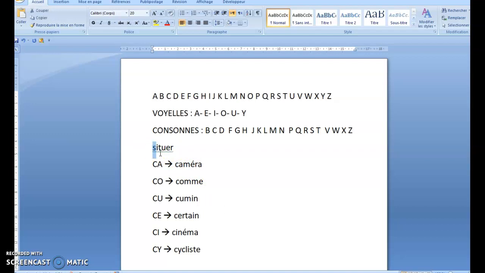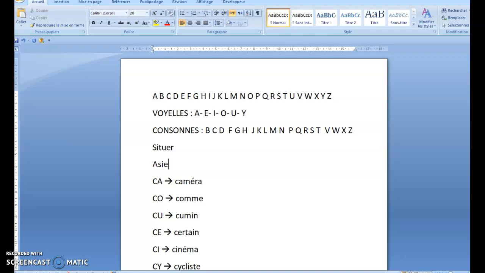We have some cases where the S is in the middle and it's pronounced like Z. For example, as.